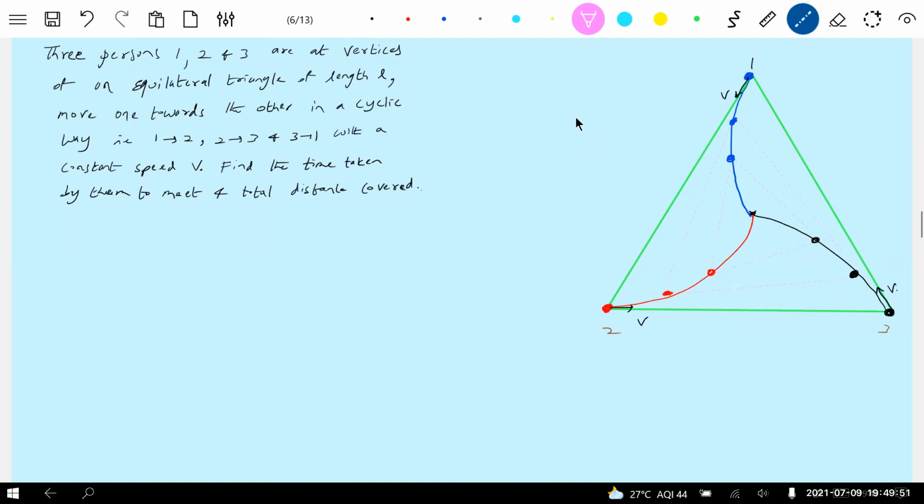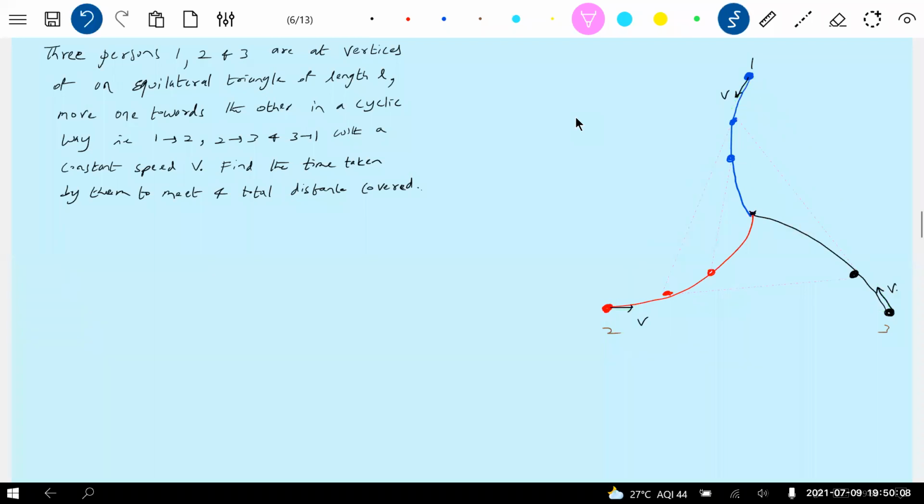So what's happening now? They are going to move in a curve, a little bit like this. I'll adjust the diagram so that it will be conceptually correct.